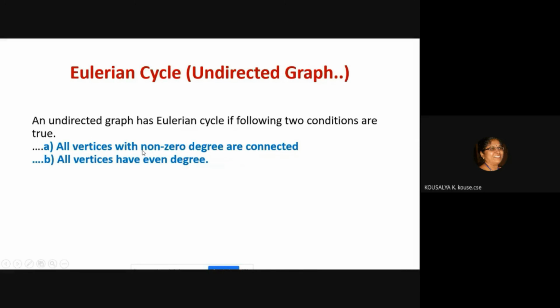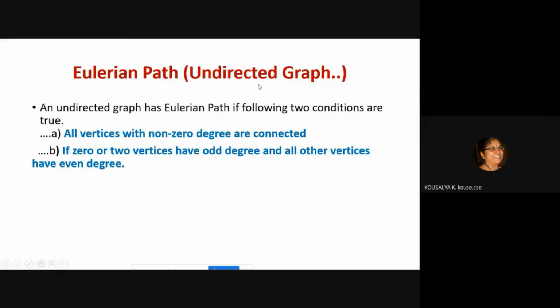Otherwise, the Euler cycle is not available. So in some undirected graphs an Euler path is available but not an Euler cycle. All vertices must be connected, but two vertices may have odd degree, then it has an Euler path.